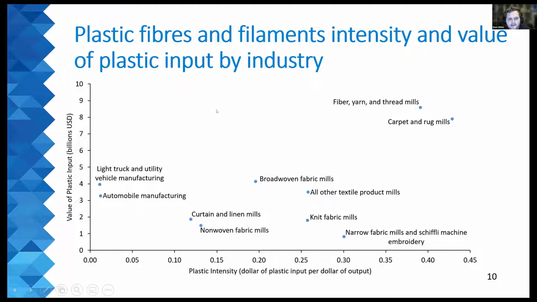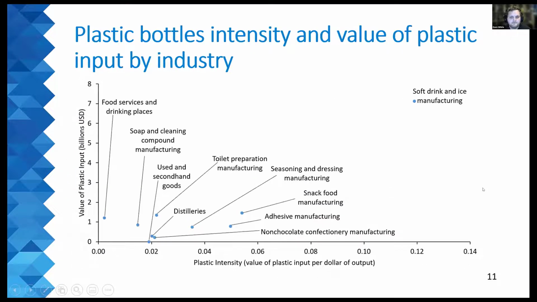Now, 8 out of 10 of these industries are again related to clothing and fabric manufacturing, with 2 standout industries being fiber yarn and thread mills and carpet and rug mills. They stand out because they have both a high value of plastic fibers and filaments for an input, and also a relatively high plastic fibers and filaments intensity. So they offer quite efficient targets for policymakers and consumers.